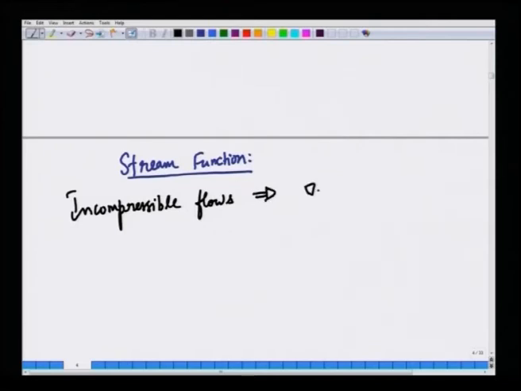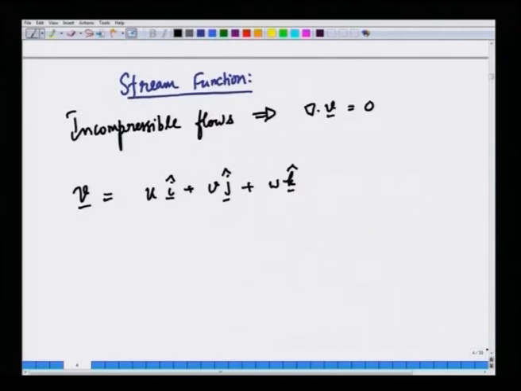For incompressible flows, we always have del dot V is 0. In general fluid flows, the velocity vector can have a component in the i direction plus a component in the j direction plus a component in the k direction, that is the z direction. But we will restrict our attention now to what are called 2D flows, that is only these two components are non-zero. We can choose the coordinate frame in such a manner that the z component of the velocity is 0.